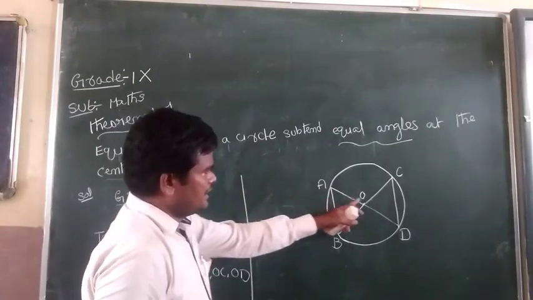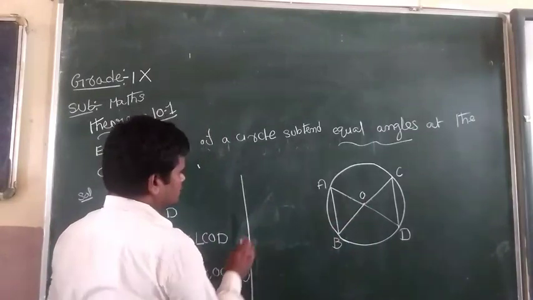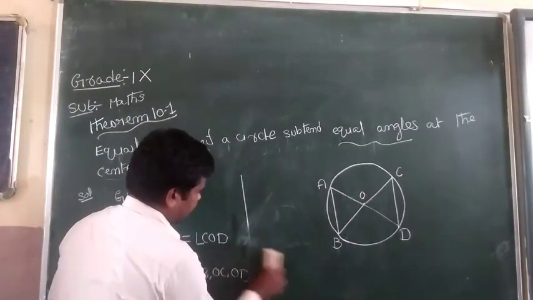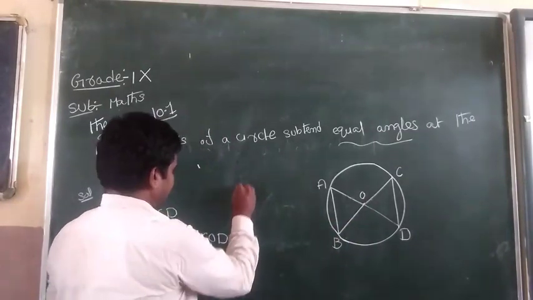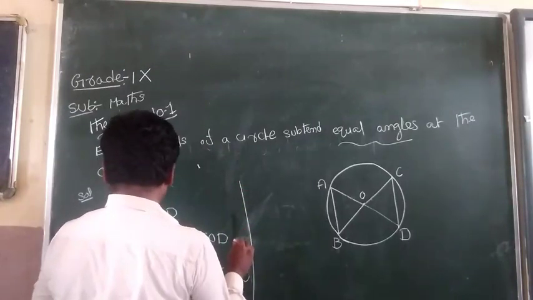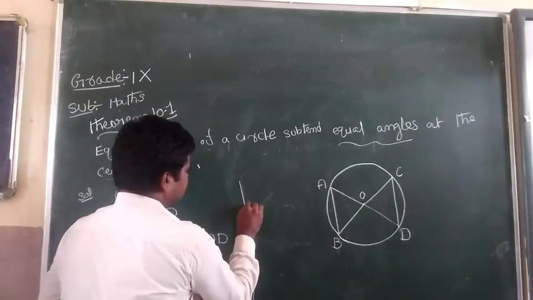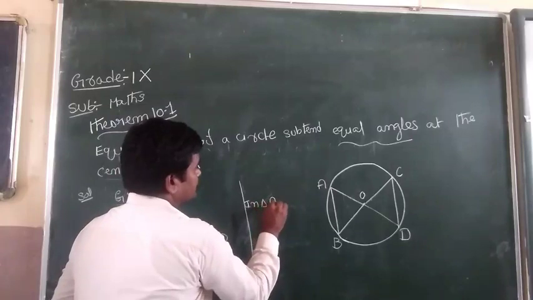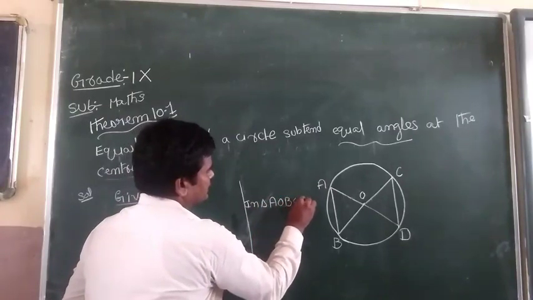So here take the two triangles. In triangle AOB and triangle COD.